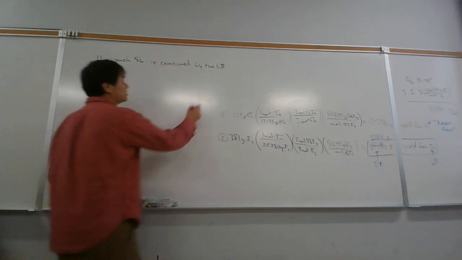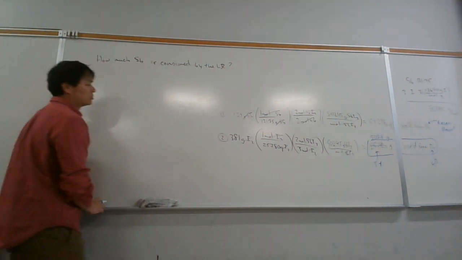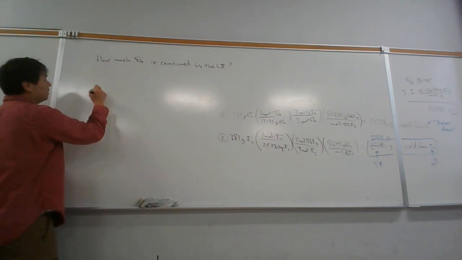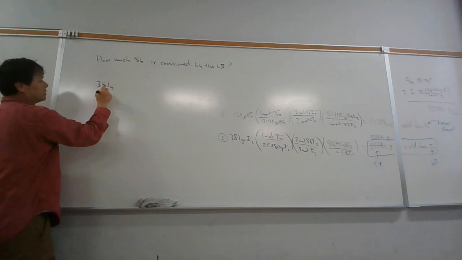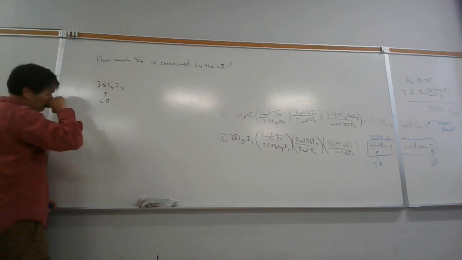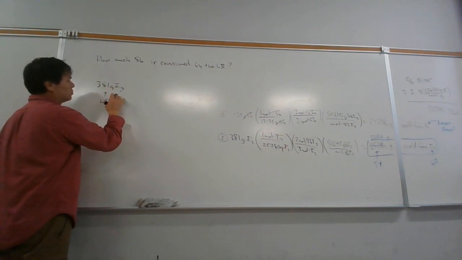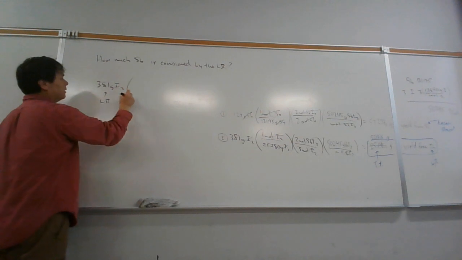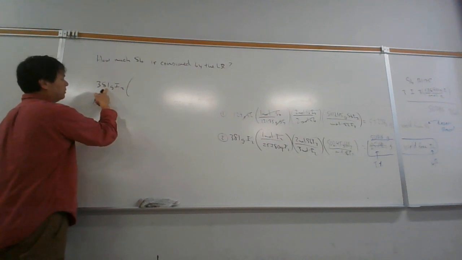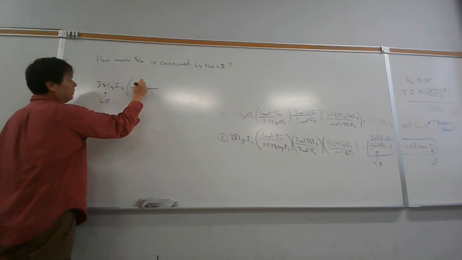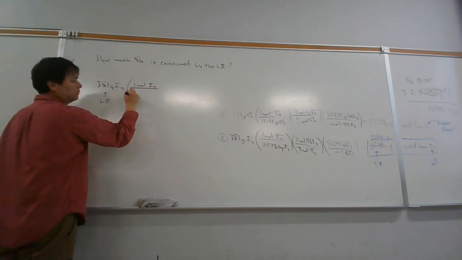How much SB is consumed by the LR is another stoichiometry problem. So what we do is we start off with the LR, 381 grams of I2. And then we calculate stoichiometrically how much SB is required to react with that. So 381 grams of I2, convert that to moles: 1 mole of I2 for every 253.80 grams.